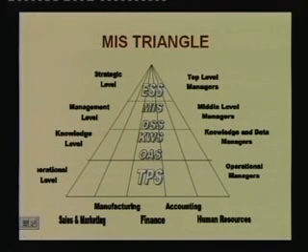Now, a little bit about the big MIS and the small MIS. The MIS, as in the MIS triangle, actually represents the big MIS, that is the complete gamut of all kinds of information systems that are to be present in a particular organization. Therefore, it includes all the information systems like transaction processing system, office automation system, knowledge work systems, decision support systems, management information system as well as executive support system.